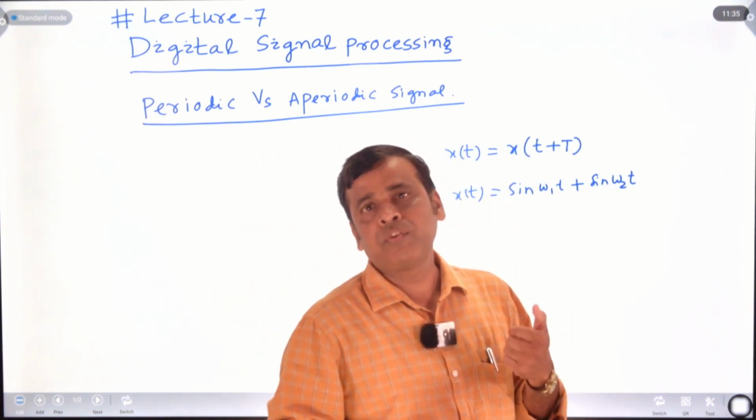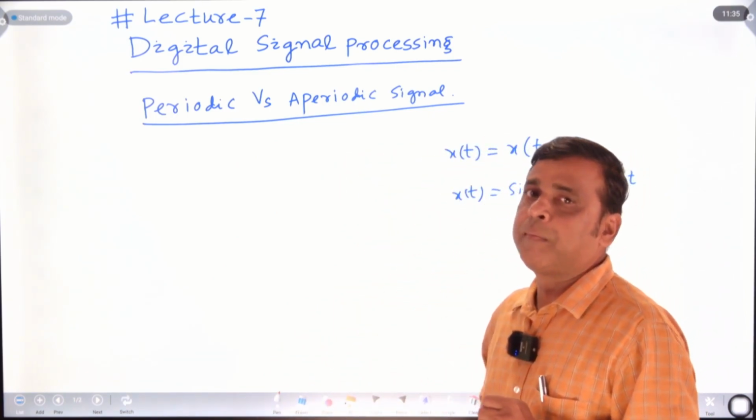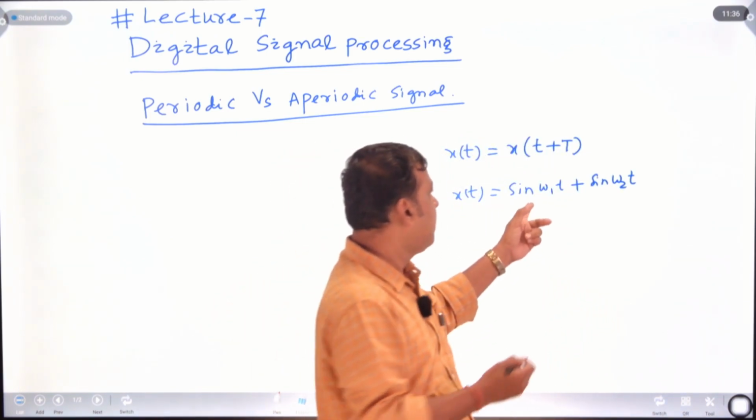And then, when you know the signal is periodic, we have to find out the common period. How to find the common period?